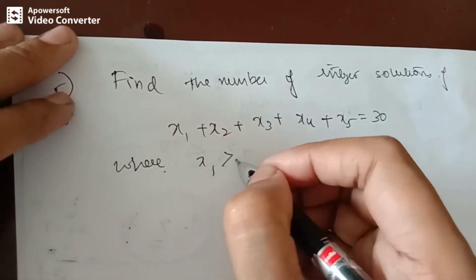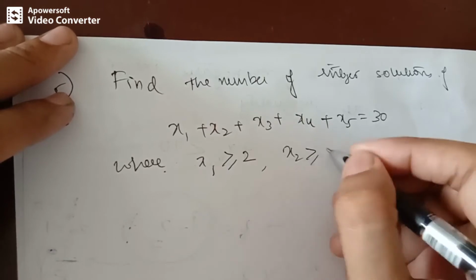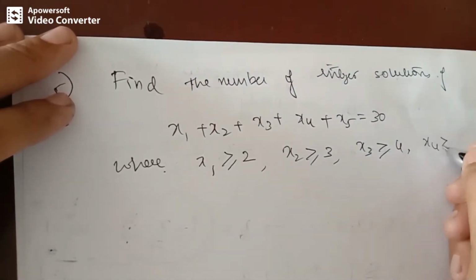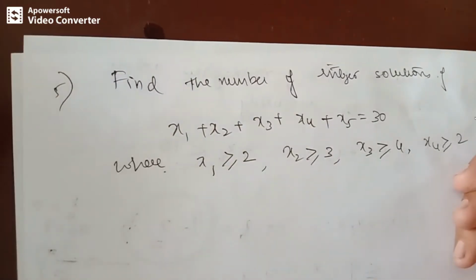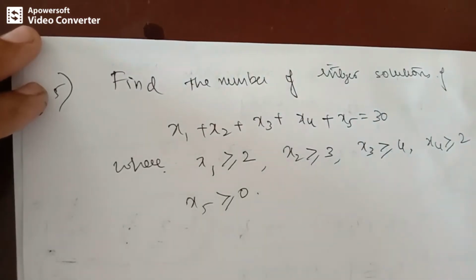This is quite a different problem where x1 is greater than or equal to 2 and x2 is greater than or equal to 3 and x3 is greater than or equal to 4 and x4 is greater than or equal to 2 and x5 is greater than or equal to 0.